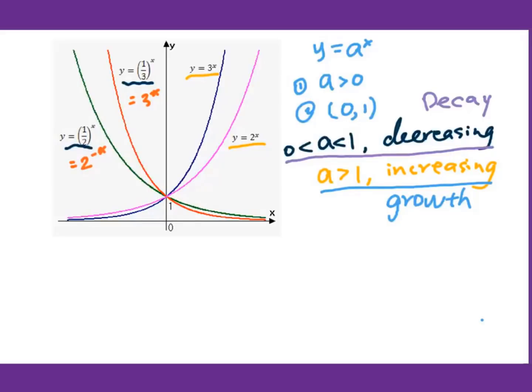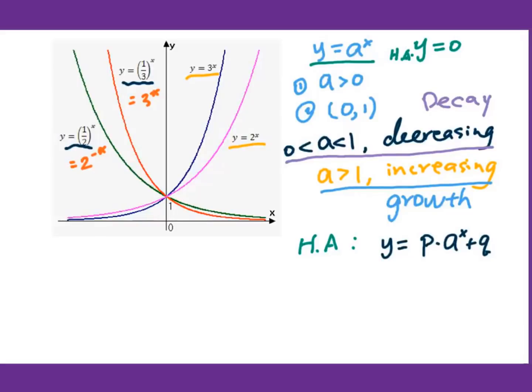For an exponential function, there is a horizontal asymptote line. For y equals a to the x power, definitely that will be y equals 0. That's the horizontal asymptote line.